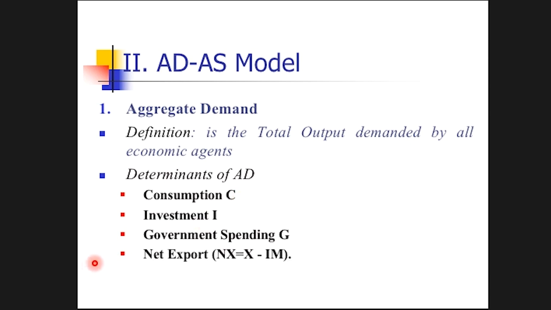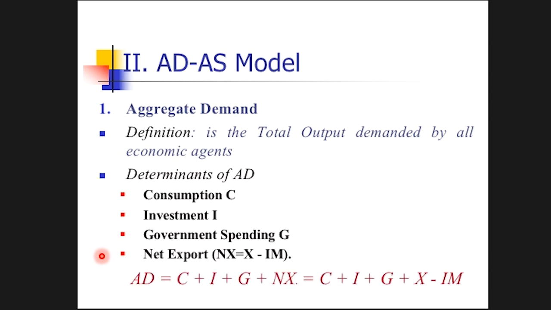And last, net export measures the net total output demanded by foreigners. So finally, aggregate demand is the sum of the 4 demands, and we can rewrite net export as two values, the difference between export and import.